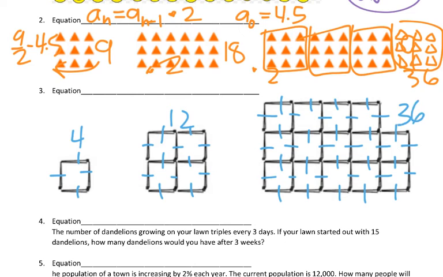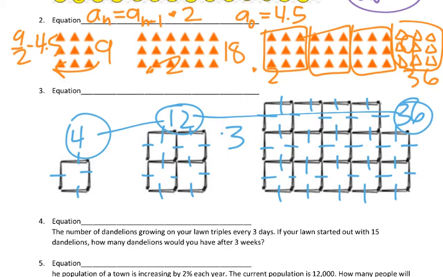And 36 here. So 4 to 12 to 36, we are timesing them by 3. So I know to get the next term, I take the previous term and I times by constant ratio of 3. Working backwards, I divide by 3, and my starting number would be 4/3.